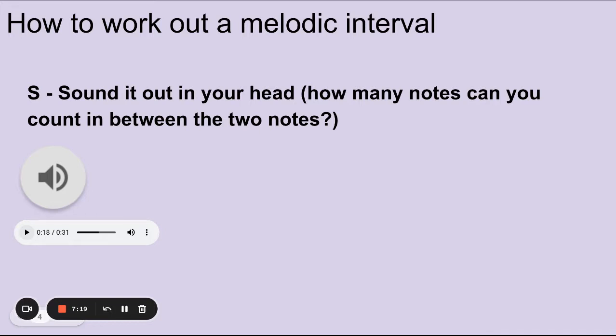Now the easiest way to work that one out, because there were no notes in between, is to remember that a major second is the interval between happy and birthday in that famous song, Happy Birthday. Happy birth.